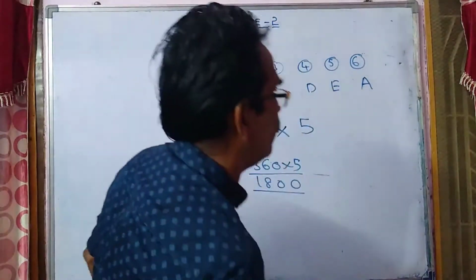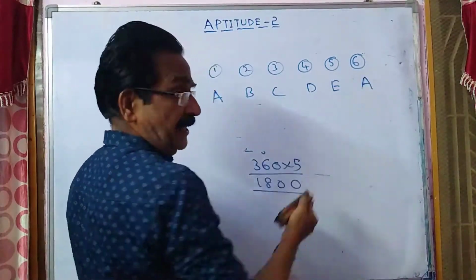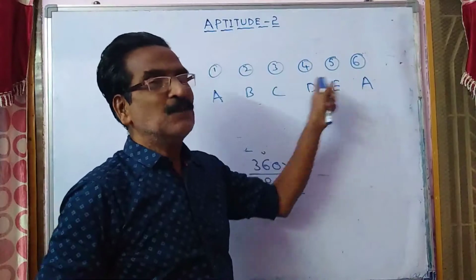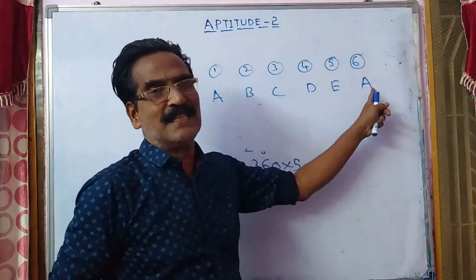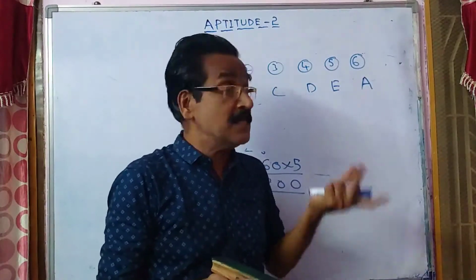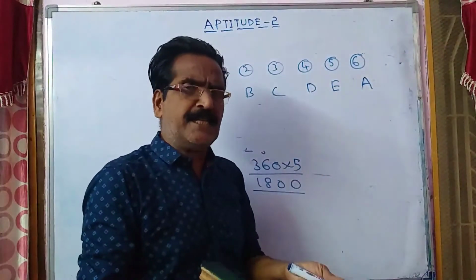This is an important problem. Here one subject will be repeated, so 2 similar things are there. In how many ways can 6 things be arranged? Let us take 6 letters.